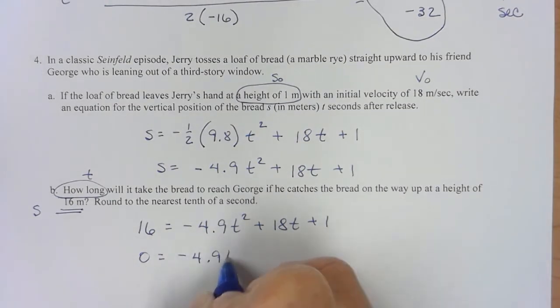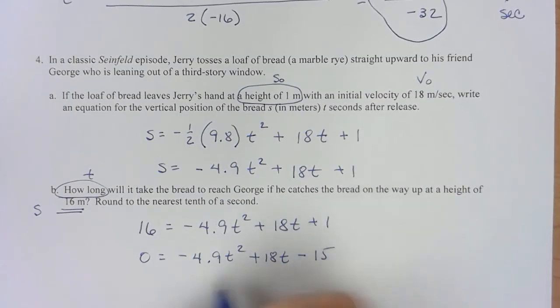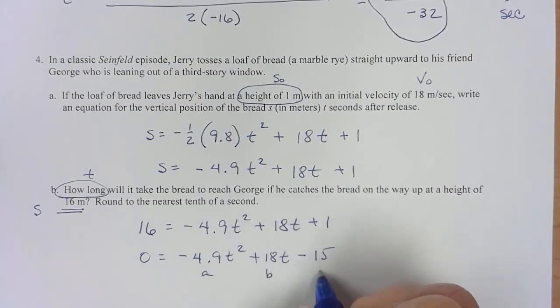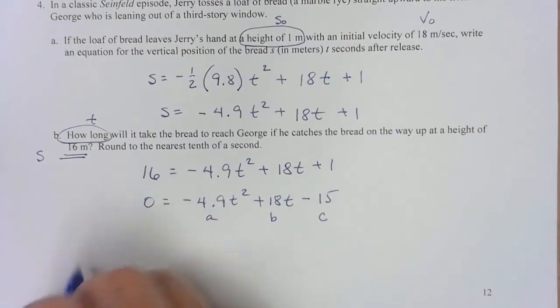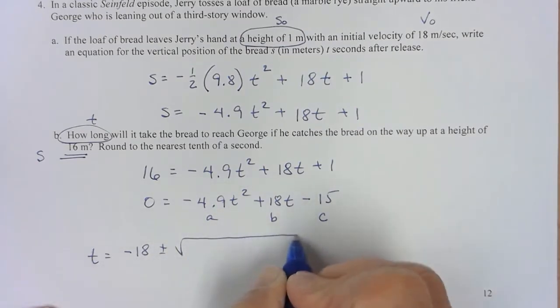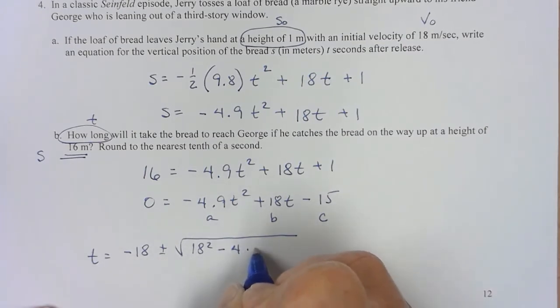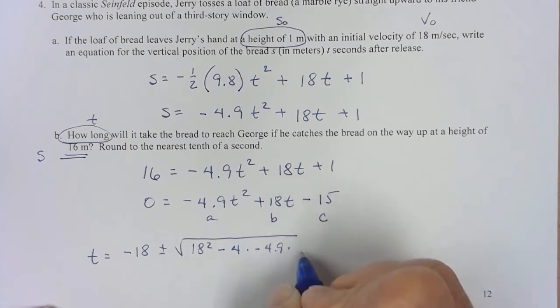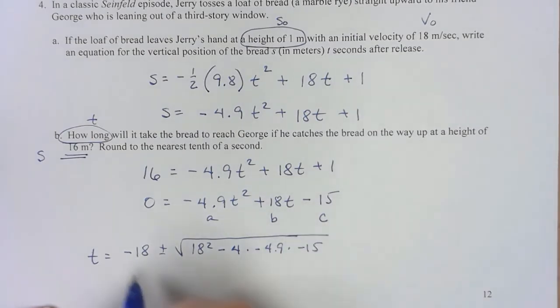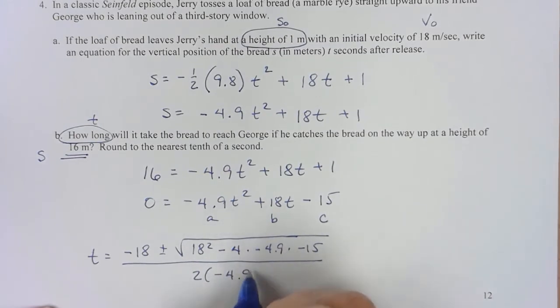So get everything over to one side. a and b and c. So t is equal to negative b plus or minus square root of b squared minus 4 times a times c, all over 2 times a.